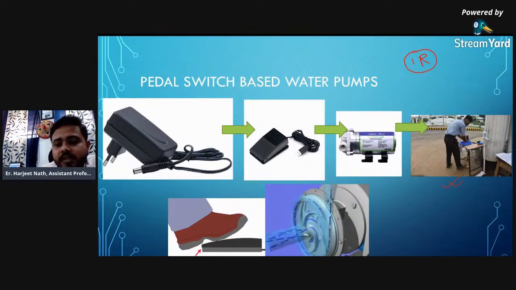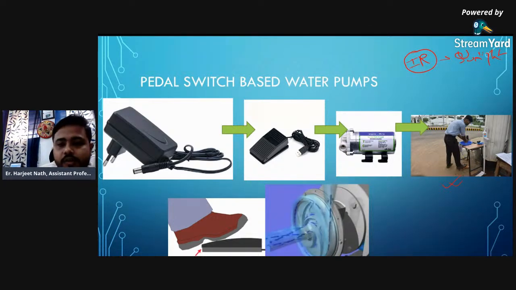So if you are making any hand sanitizing system made of IR, and you bring in sunlight, then the photodiode will take the infrared light available from the sunlight, and that will automatically trigger the circuit, and the hand sanitizer or the liquid will keep on coming out, and you will not be able to control it. So these IR based devices are only used inside your home, where there is no direct sunlight falling on these sensors.